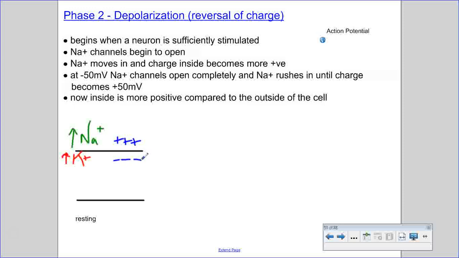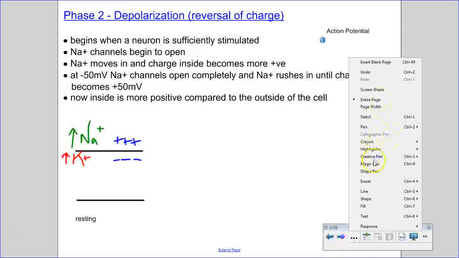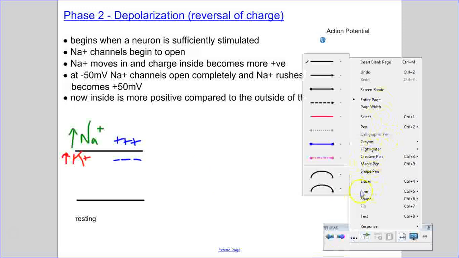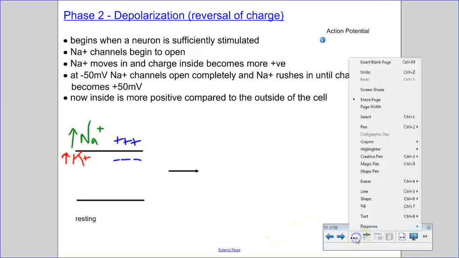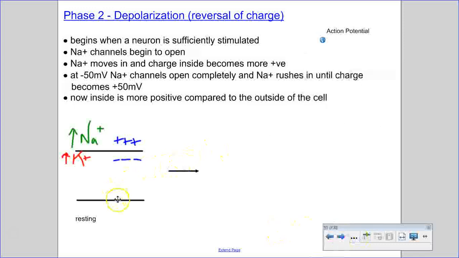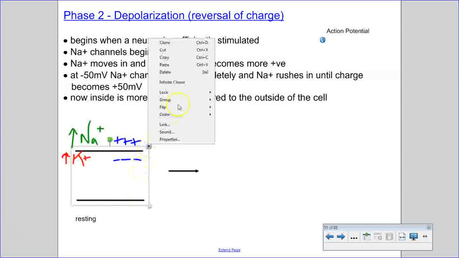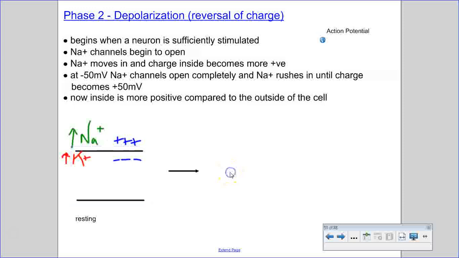When there is sufficient stimulation, the sodium channels that were closed will start to open.